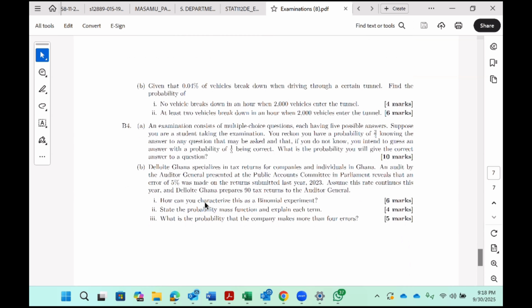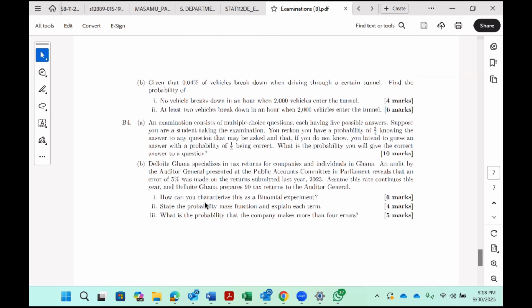B, given that 0.04% of vehicles break down when driving through a certain tunnel, find the probability of A, no vehicle breaks down in an hour when 2,000 vehicles enter the tunnel, and B, at least 2 vehicles break down in an hour when 2,000 vehicles enter the tunnel.